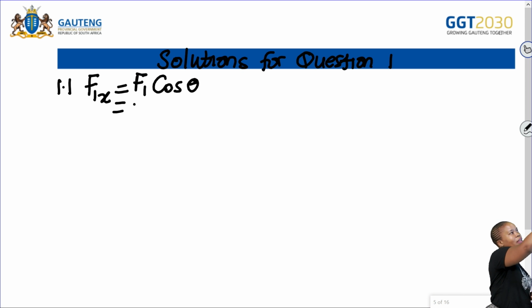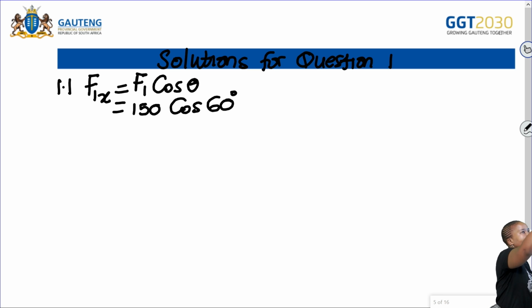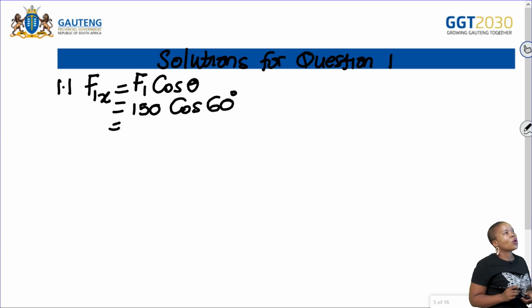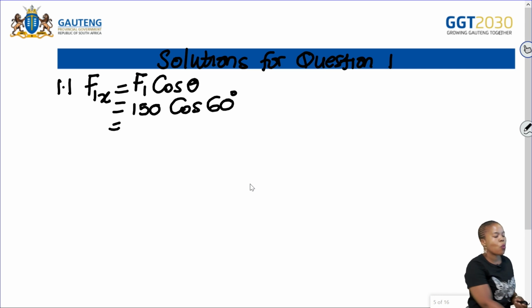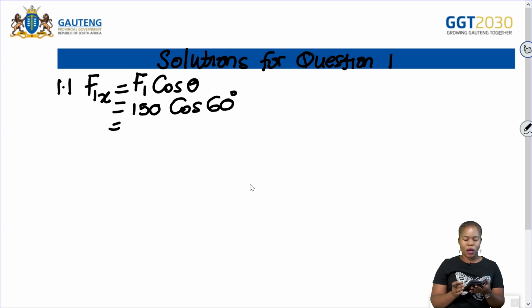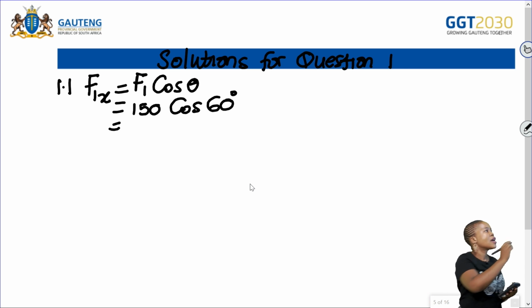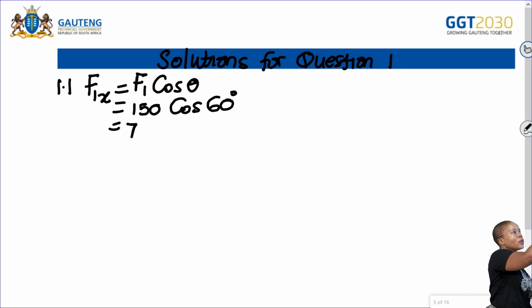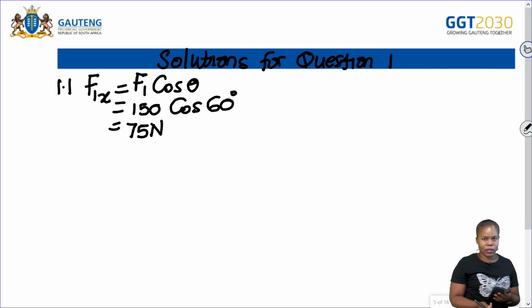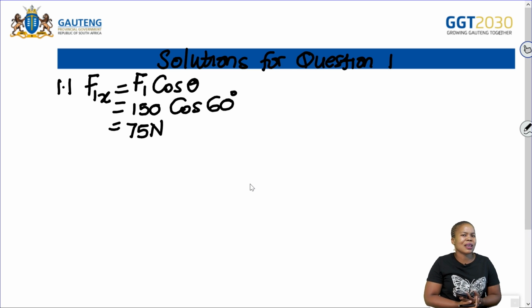That means over here we've got 150 cos of 60 degrees. So what is 150 cos of 60 degrees? Punch it in your calculator, it is going to give you 75. That means the horizontal component is 75 newtons.